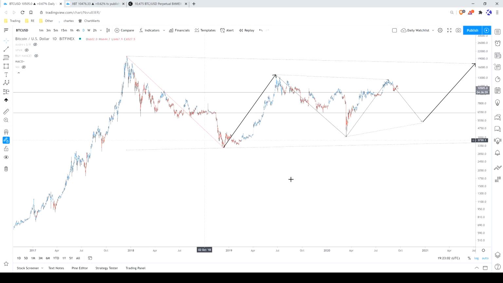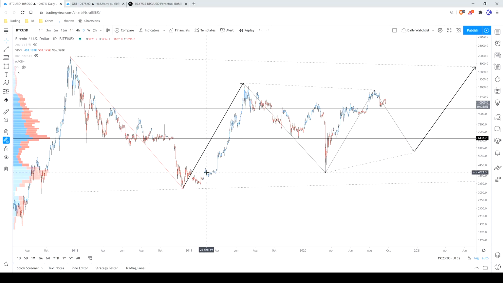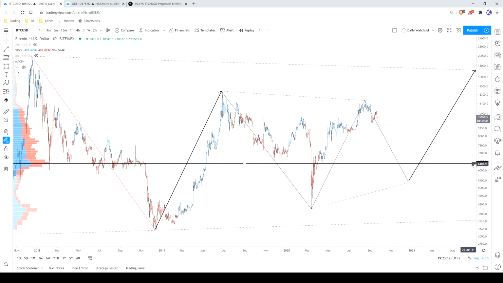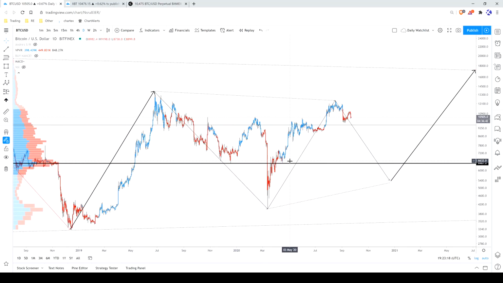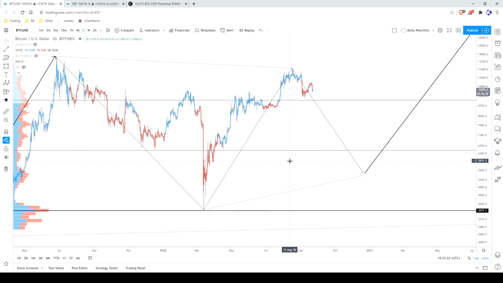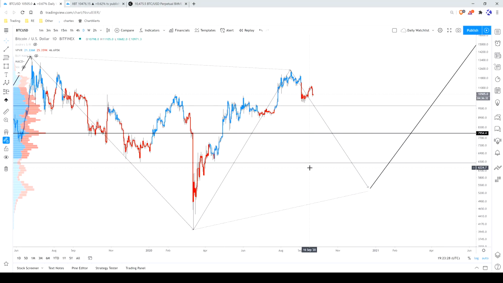Let's just go to this chart real quick. So you can see here, 6400 is the bottom point of control that I talked about. And if we zoom into this piece, Bitfinex says it's 79.54.